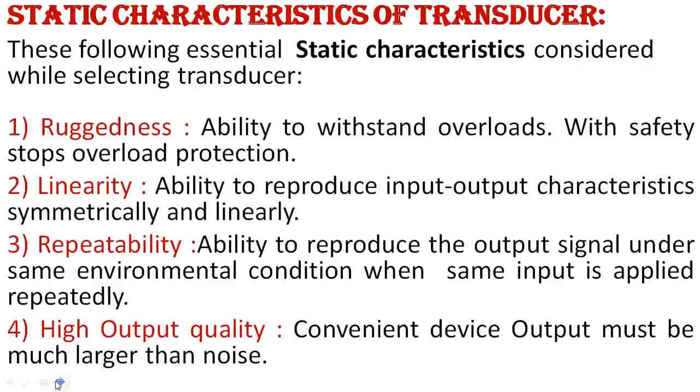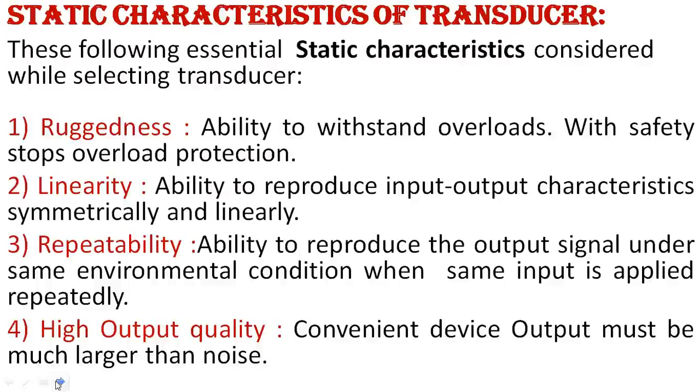Ruggedness is a very important parameter when we apply a transducer in any application with very high power consumption, so we have to check its ability to withstand overload, with safety stops and overload protection.